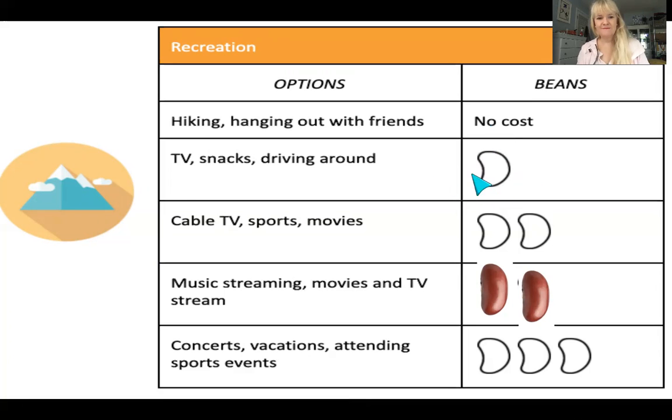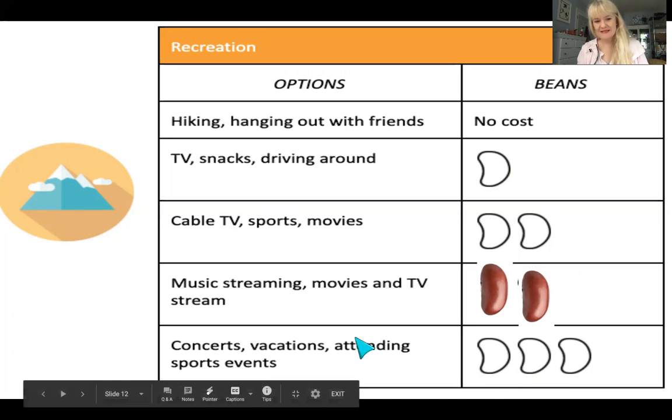For 1 bean, I can have TV, I can buy snacks, and I can drive around. For 2 beans, I can get cable TV, I can watch sports and movies. Also for 2 beans, I can get a movie streaming service for my phone or my tablet, and I can watch movies on that and maybe stream some TV on my phone or tablet.